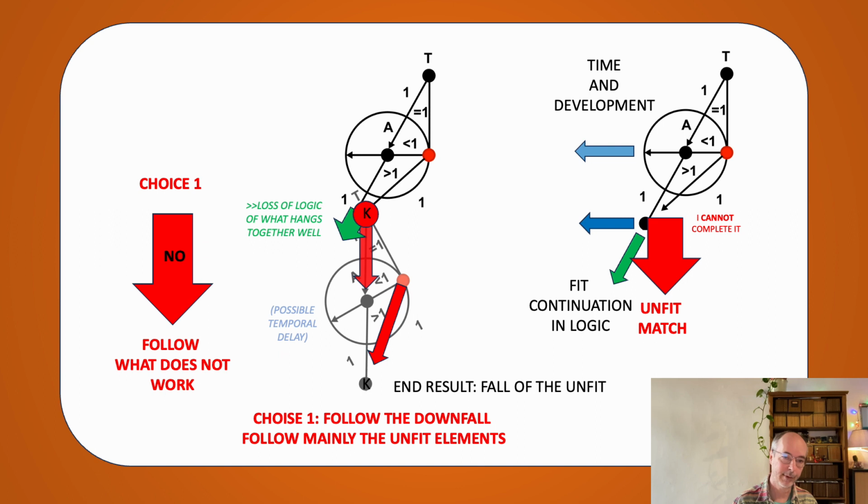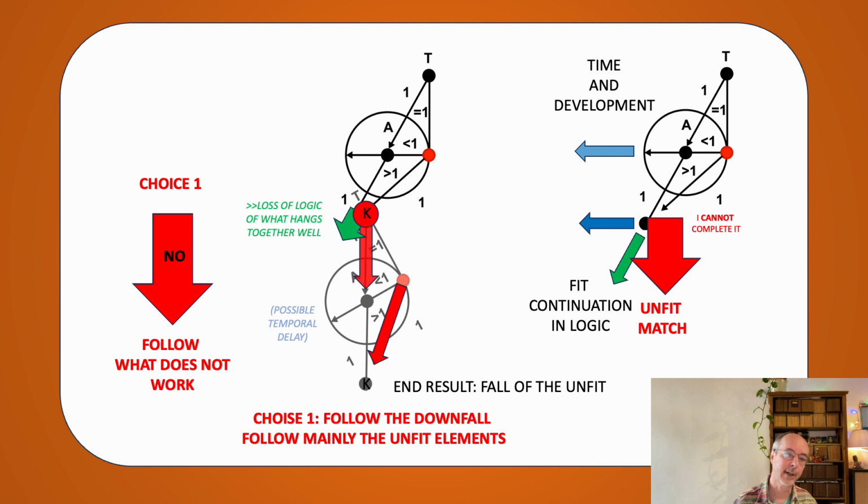Now, if I put the same frame and I put it into the right order, I will add it there, so that will follow the arrow of the downward movement. Then from the K to the K, let's say, if I double it, but I follow the downward path, the no, I will follow what does not work, and I will follow the downfall then, to see what will not fit and what will be unfit.